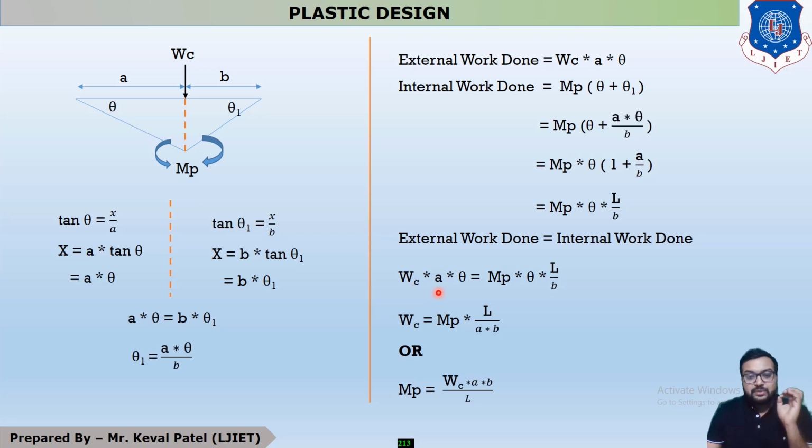So collapse load is equal to mp L divided by a b. And the opposite, if plastic moment is asked in your exam, then you have to make plastic moment the subject. So your final equation in WC form and mp form is like this. Okay students, this is the end of your case number 1.